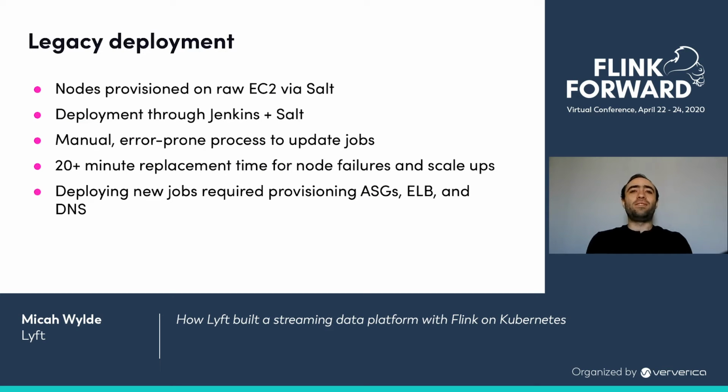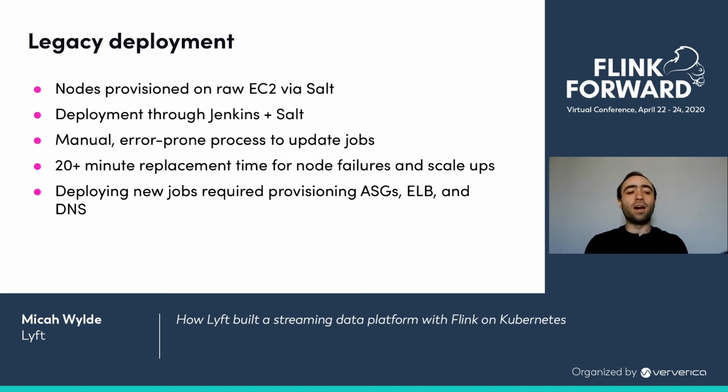This has a lot of downsides. It's a convoluted process for users with a bunch of different steps. It's also error prone. Lots of things can go wrong, and there isn't much support for users to be able to deal with those things going wrong. Because we're waiting for EC2 instances to come up, and we have a long, complicated provisioning process for nodes, it would take about 20 minutes to replace nodes.